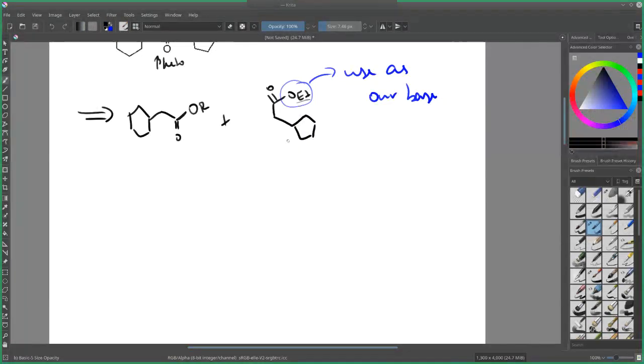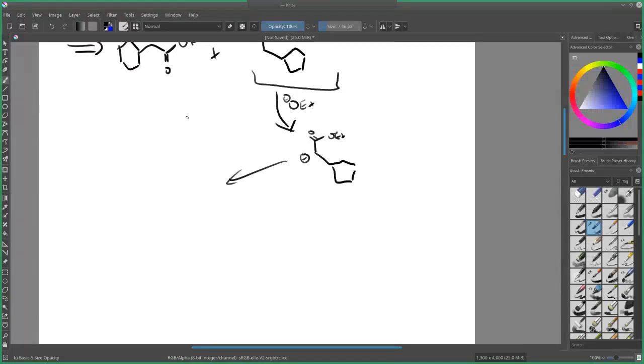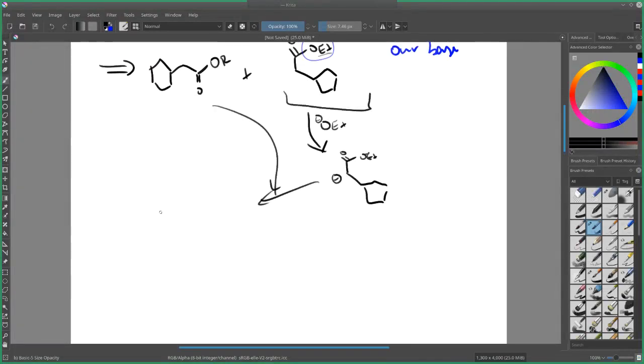So, all right, we take this thing and put it in sodium ethoxide in ethanol, which will make this, and then from there you can add these two together and you get product.